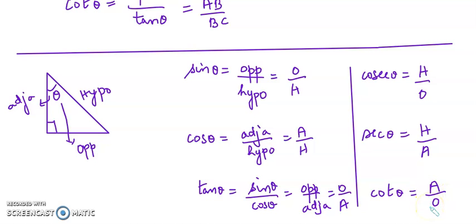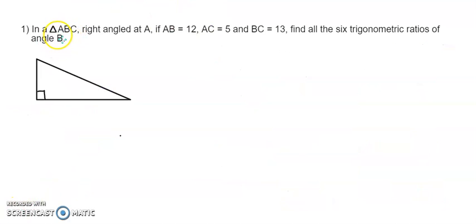Let's take two examples to understand this and solve it. Now here in this triangle ABC, they are saying it is right angled at A. So this is A. Then you can put your B and C wherever you want to put the acute angles. It can be B here and C here, but A should be 90. Now read the question. AB is 12, AC is 5, and BC is 13.